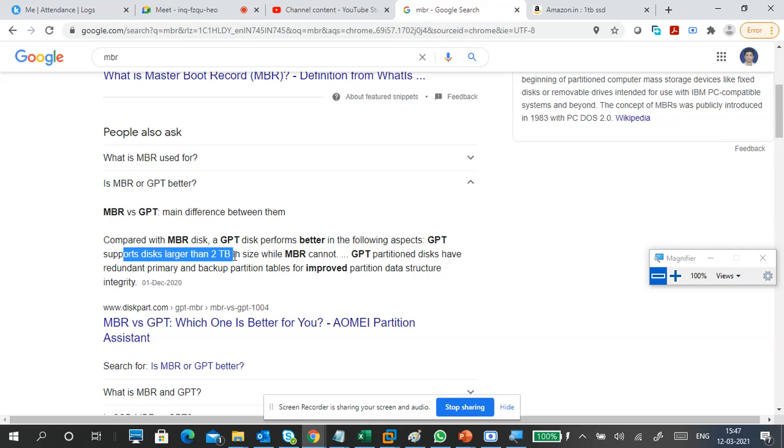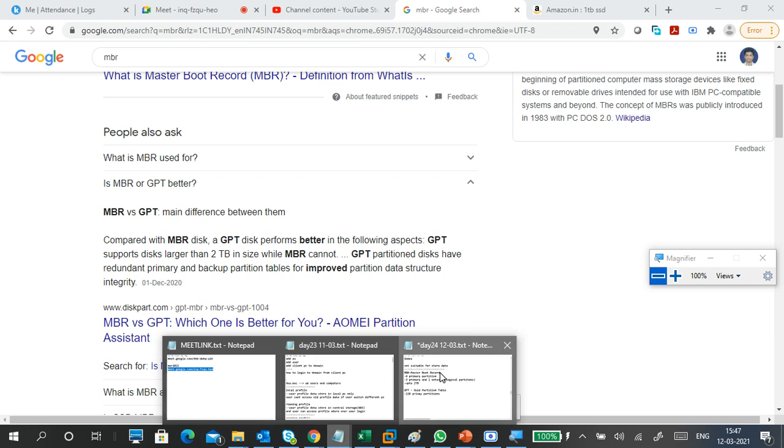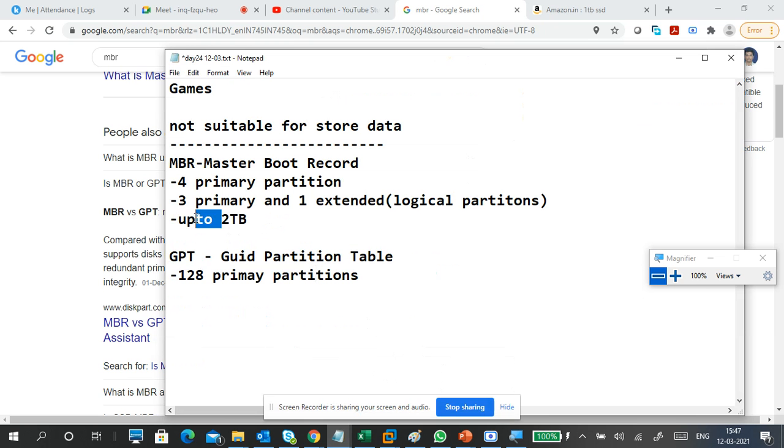MBR supports disks up to 2 terabytes, but GPT supports more than 2 terabytes.